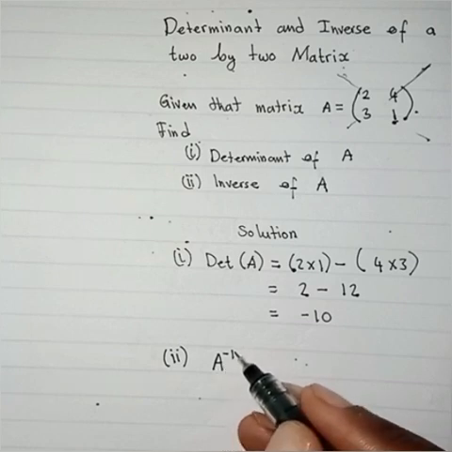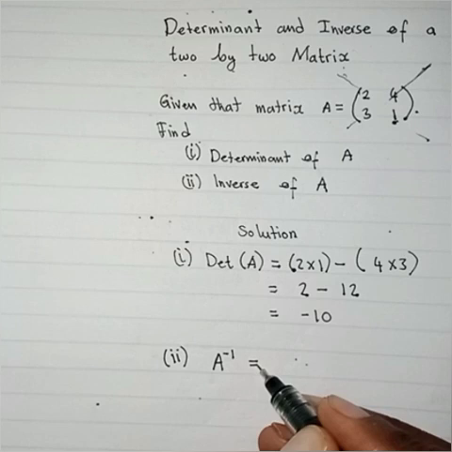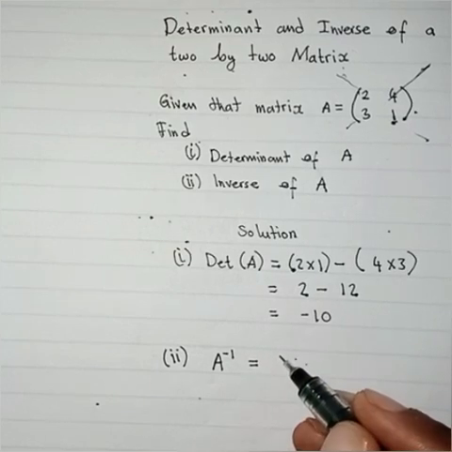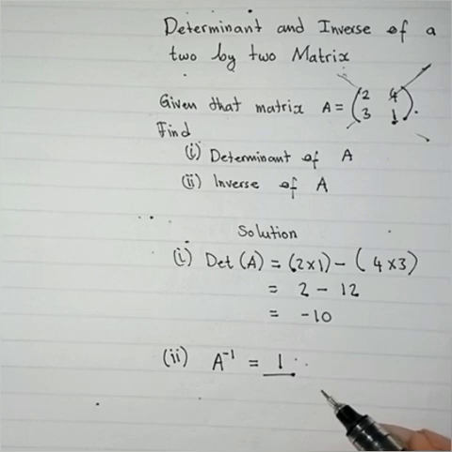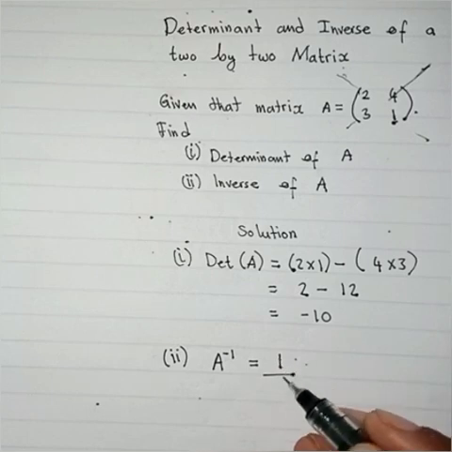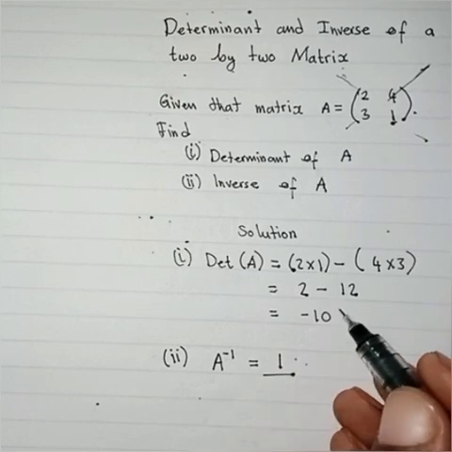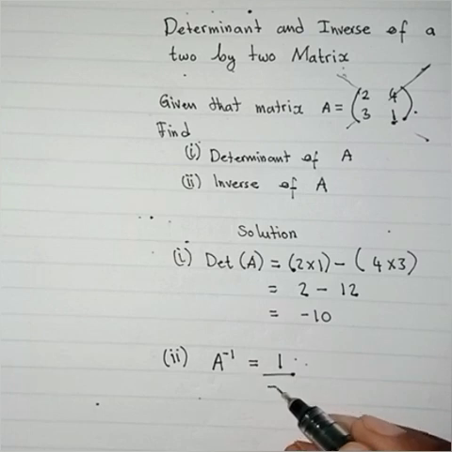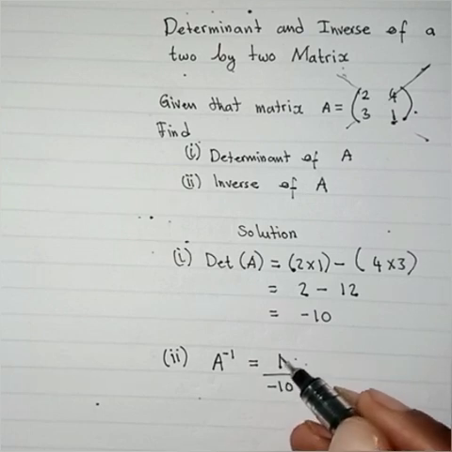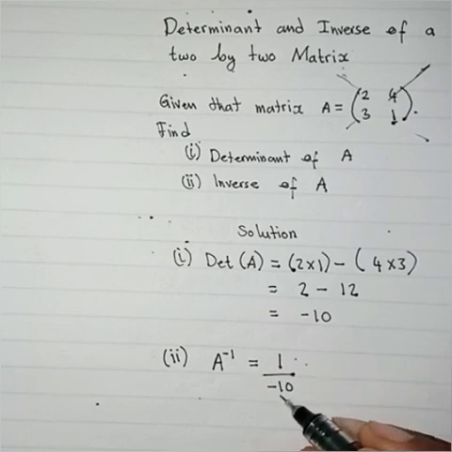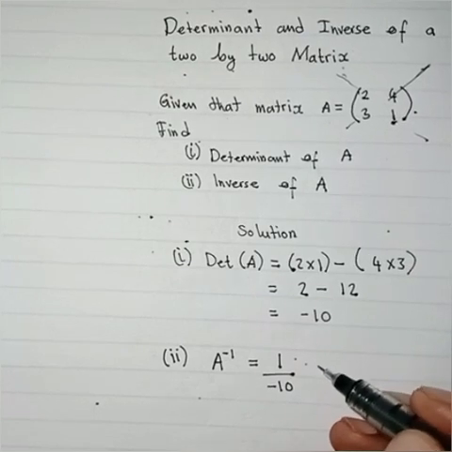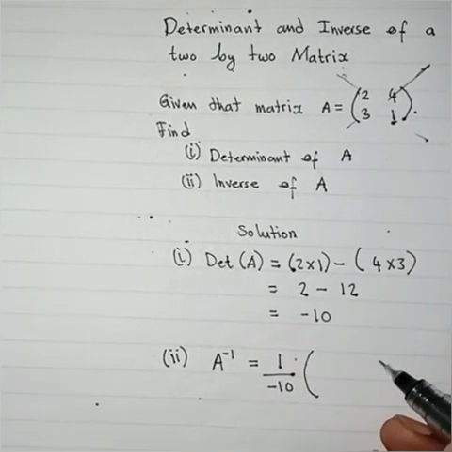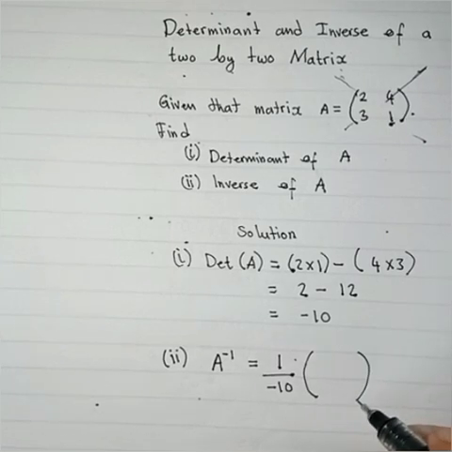So the inverse of matrix A is equal to 1 divided by the determinant. Our determinant is negative 10. That's the rule. So you always put a 1 on top, then you divide by the determinant of the matrix. Then we open parentheses like this. You can close in advance.